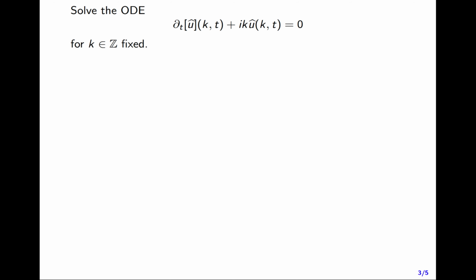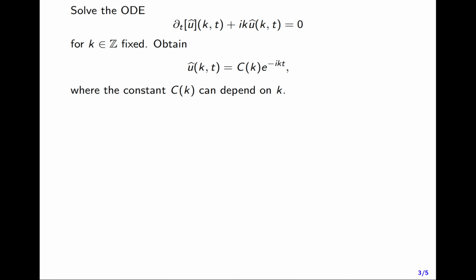So how can we solve this ODE? t derivative on u hat of k,t plus ik u hat of k,t equals 0, for k an integer fixed. Well, I would just use the integrating factor method. I get u hat of k,t is a constant c of k times e to the minus ikt, where the constant c of k can now depend on k.